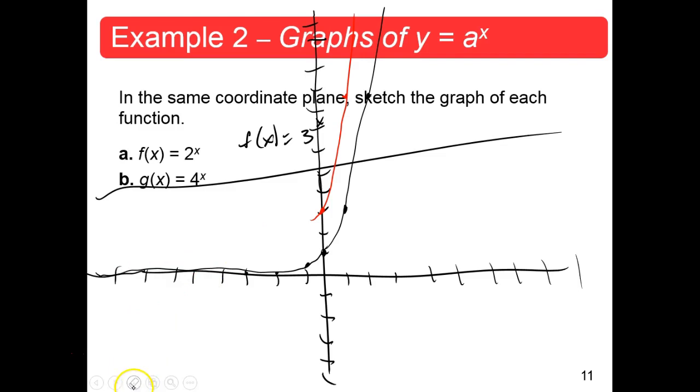Okay. I should have done the points first, and then I would not have had this difficulty. Now I'll do them a little late here. Now it's a little more obvious.